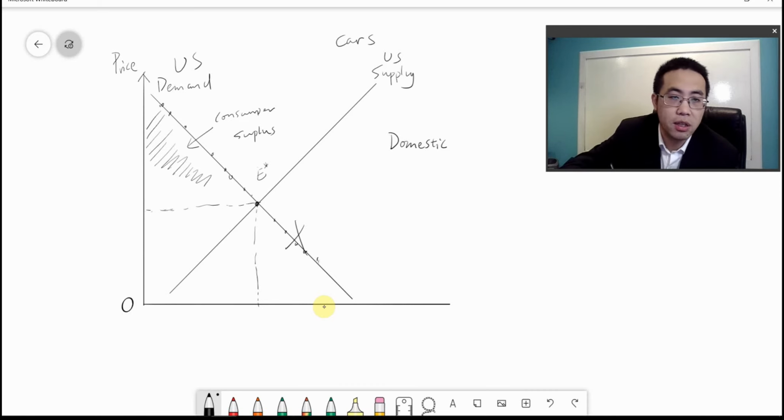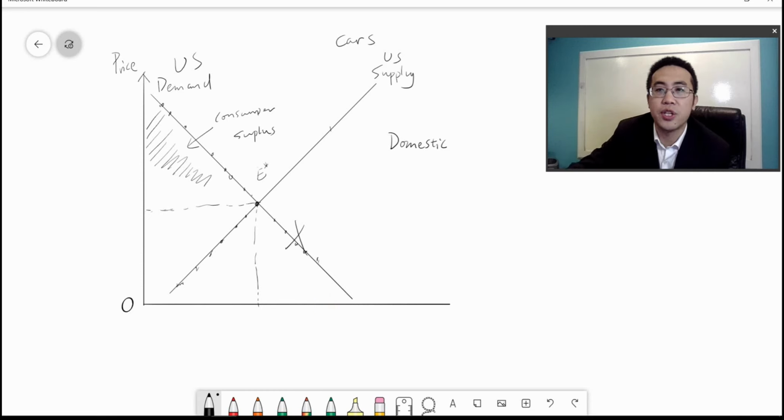For the suppliers, some of them are willing to produce at a very low price, like in the petroleum market, the oil market. Saudi Arabia, Iran, Kuwait, Iraq, Qatar, these Middle East countries can produce at a very low cost compared to the United States, compared to Russia. Russia is kind of like here.